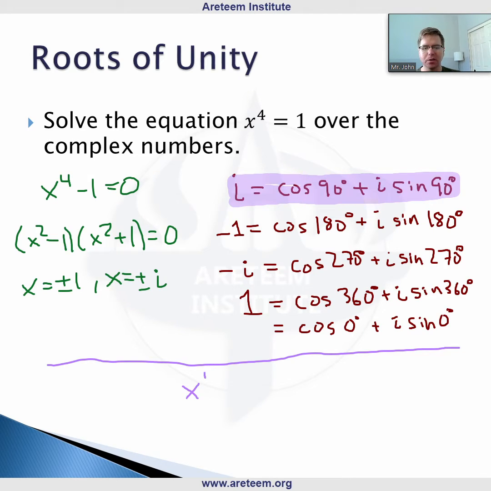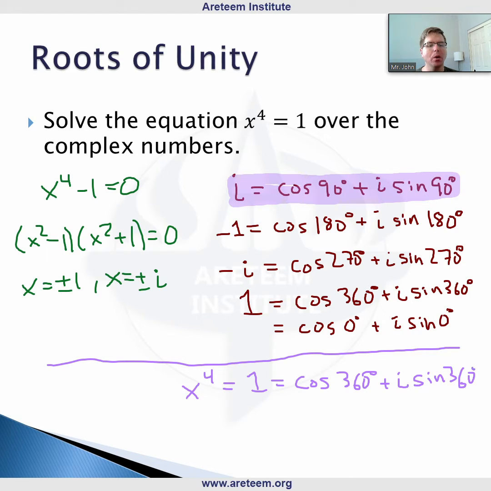Remember, we're trying to solve x to the 4th equals 1. But let me write it now as a complex number. Of course the modulus is 1, but let me write 1 as our last expression, and I actually want to write it with 360 degrees, cosine of 360 plus i sine of 360.